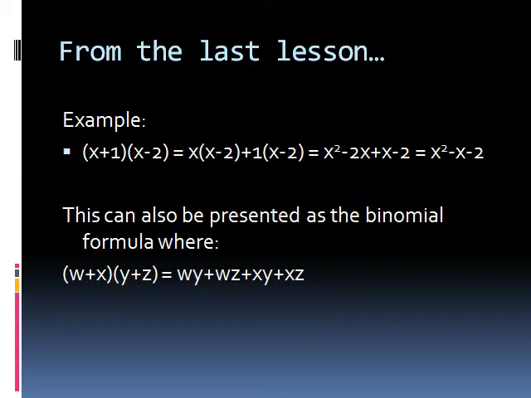In this case it is the same, because w times y is x times x, which is x squared, and then w times z is x times minus 2, which is minus 2x, and then x times y is 1 times x, which is x, and x times z is 1 times minus 2, which is minus 2.